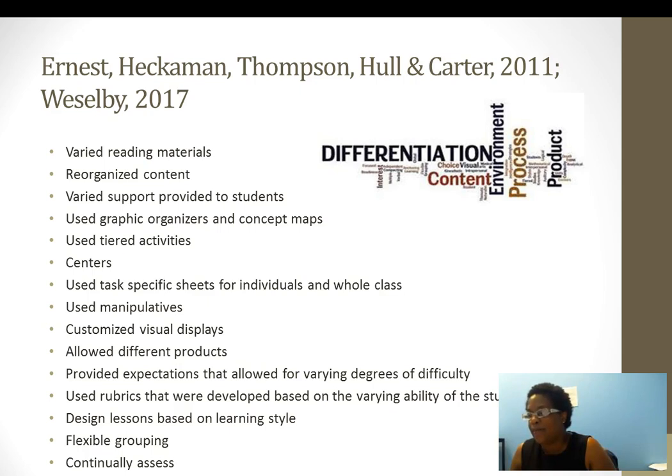So at the bottom of that pyramid, it was what all students would know as a result of this lesson. So there was an expectation that every student is going to learn all of the same thing.